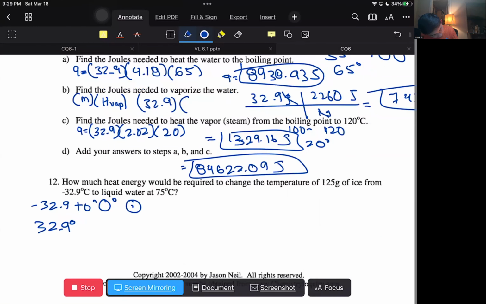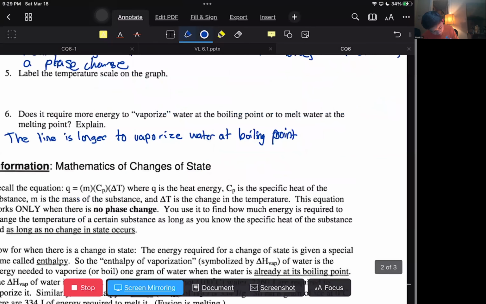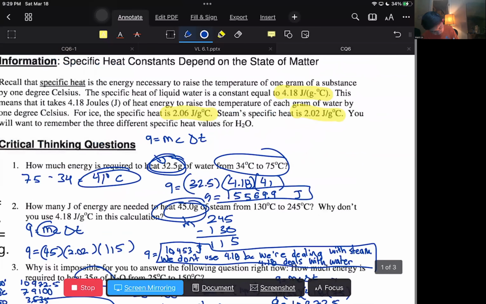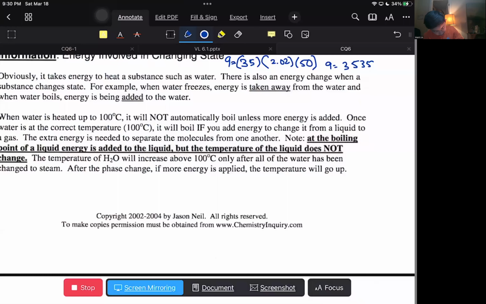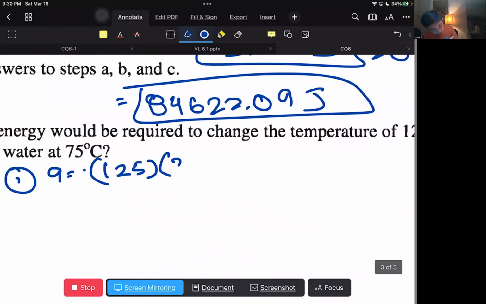The first step is to do Q equals MC delta T. M is 125. C, our specific heat for ice, is 2.06. Temperature change is 32.9.